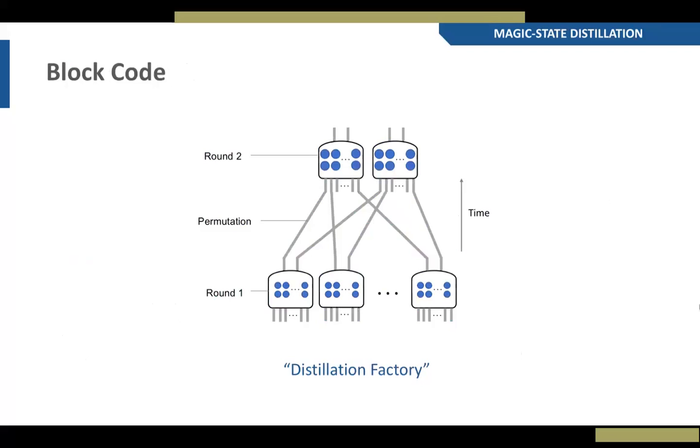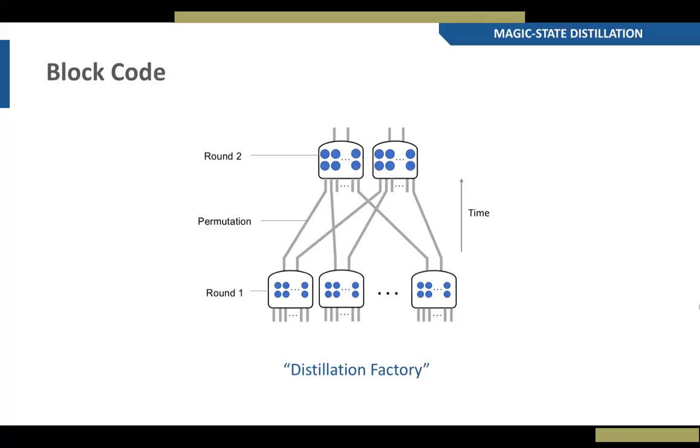Furthermore, to avoid correlated error, for example, let's say the bottom right block is really erroneous and outputs lots of bad magic states. What we don't want to do is to send those states all into one of the blocks in the next round, because the parity check there might fail and it would not improve any of the magic states.